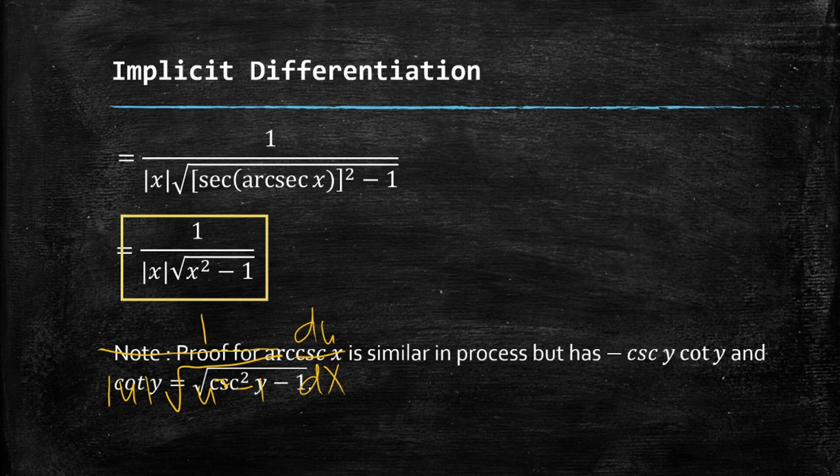Take note that the process for cosecant is similar to this, but instead of having secant tangent, we have negative cosecant y cotangent y, and we are going to use cotangent y equals square root of cosecant squared y minus 1 in our proof.